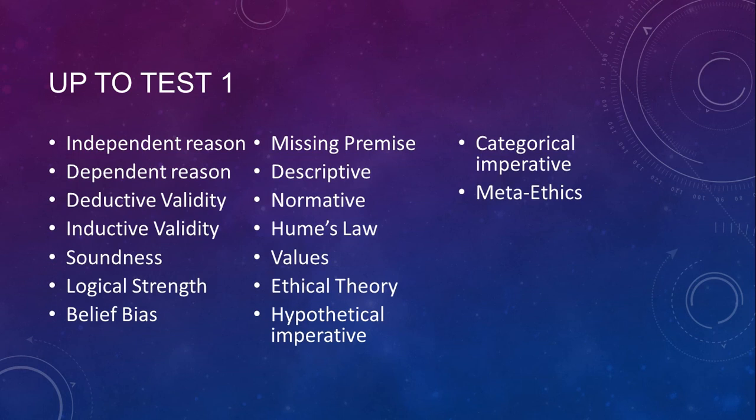So, what does it mean for something to be deductively valid? It means that if the premises are true, then the conclusion is guaranteed. Or you could say it's necessarily true. Sorry, it's not independently necessary, but the truth of the premises makes the truth of the conclusion necessary. There's no possible world in which the premises are true and the conclusion is false.